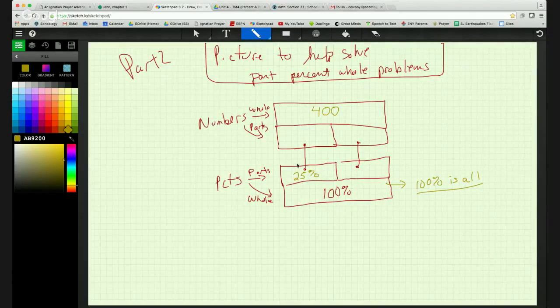And these were our 7th graders. And this was the rest. And this is what we were given in the problem.